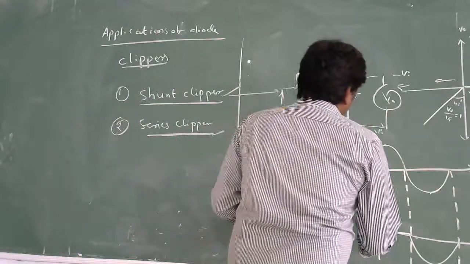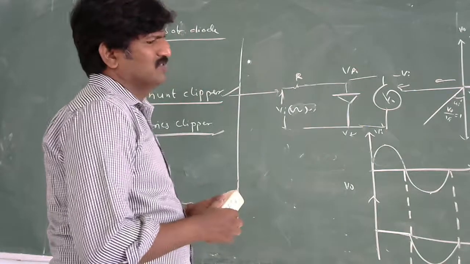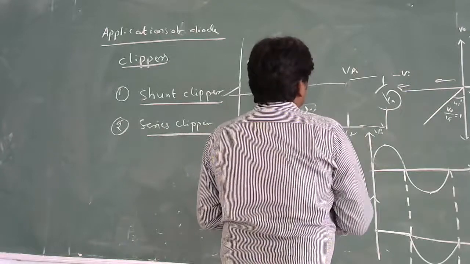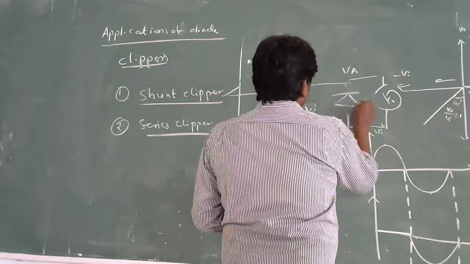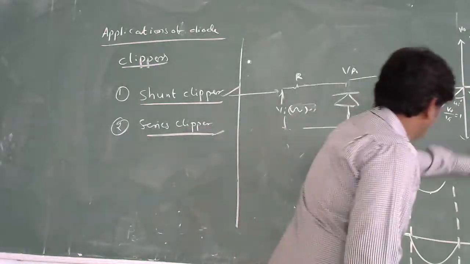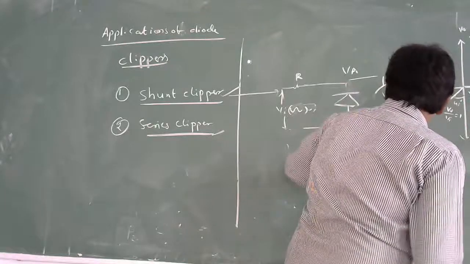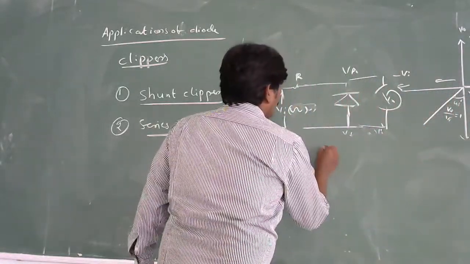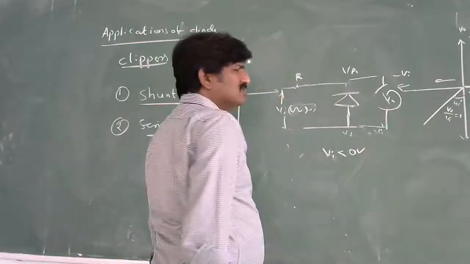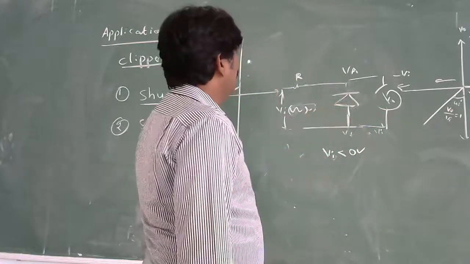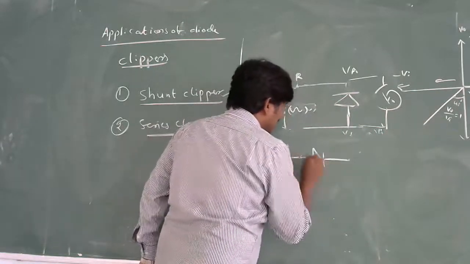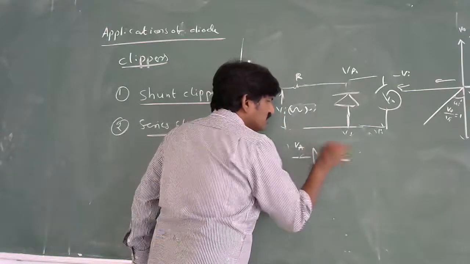Next, we can have different varieties of diode clippers, and you can also reverse this diode. What is happening here? Already stated, when Vi is less than 0 volts, then the diode is in forward bias. Why? Because, as I stated, one terminal is VA and the other is VK.